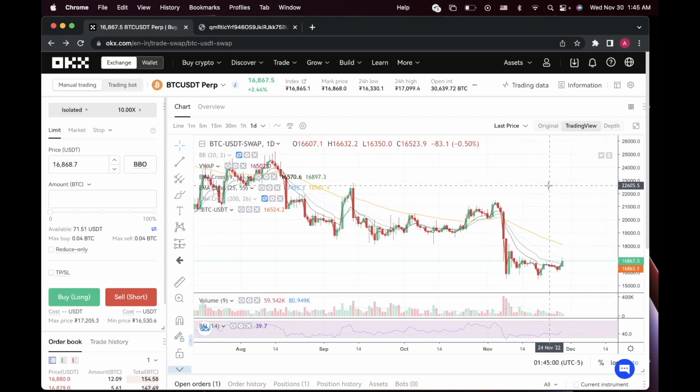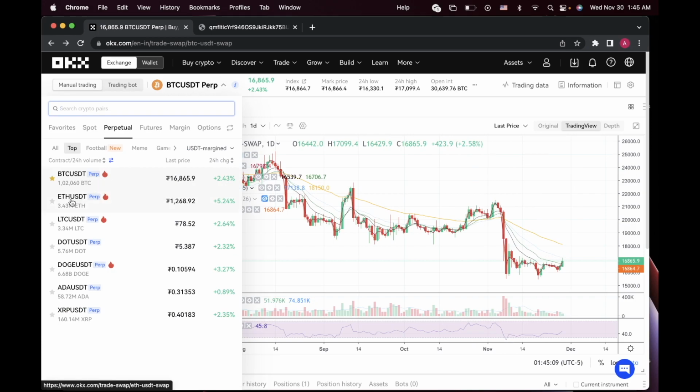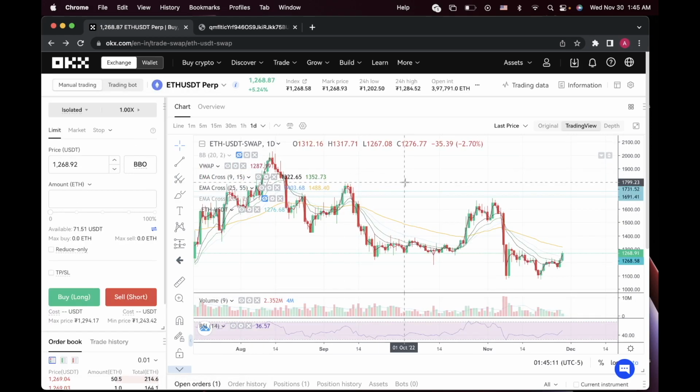Just check this out. You can see what moves Bitcoin did previously, and we can jump to Ethereum, for example. You can see the charts are not the same, but almost the same. If there is a big move for Bitcoin, like here down, Ethereum has the same move.